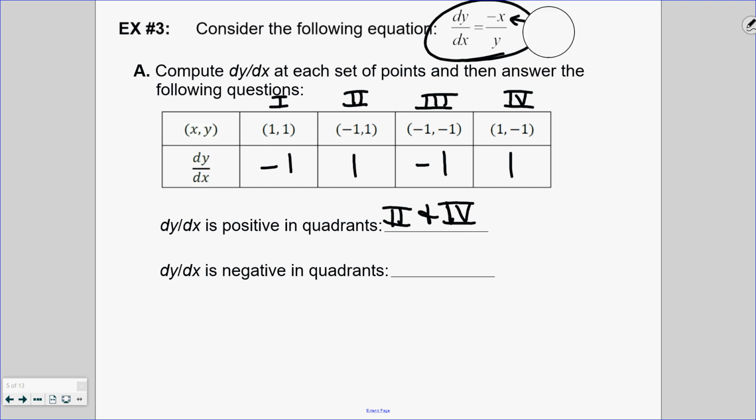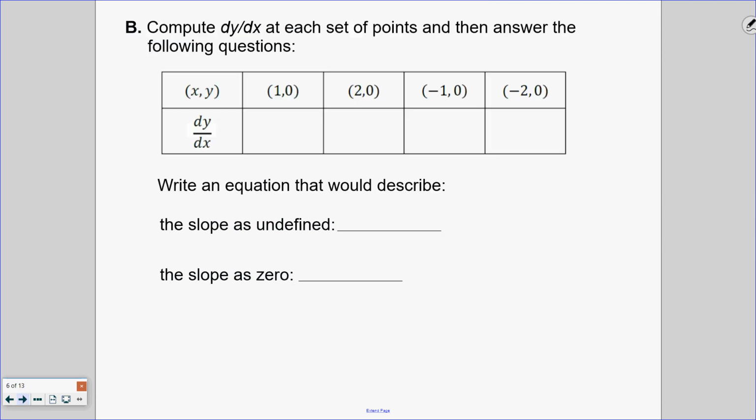When you're in quadrant 4, you're going to have the opposite, where x is a positive you're plugging in, and the bottom is negative, so it ends up negative over negative. And then you can see that it's going to be negative when we're in quadrants 1 and 3 for similar reasons. Now the advantage to that is if I'm trying to match a slope field to a solution, then this can help me. This is one of the things that can help me see that.